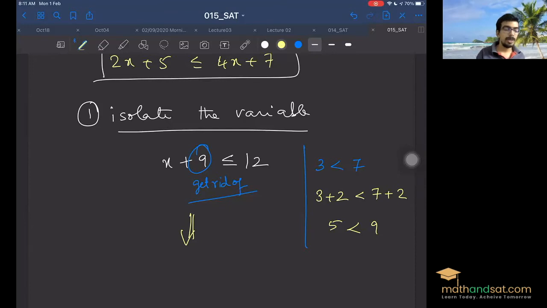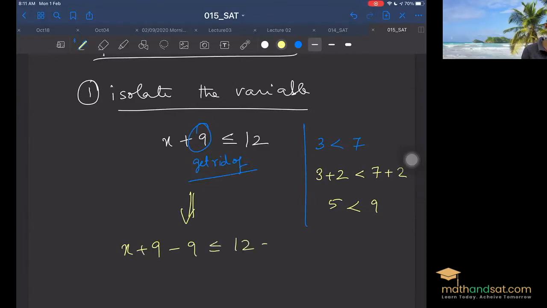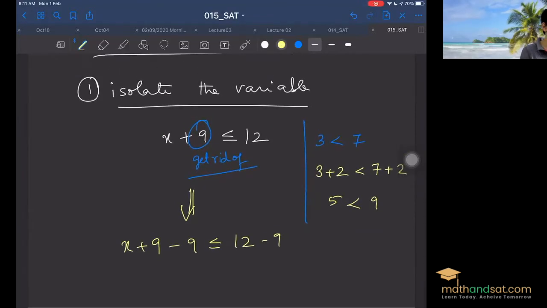Robin, do you have the answer? We just add -9 on both sides, right? So we have this 9 is gone. We have x less than or equal to 3.